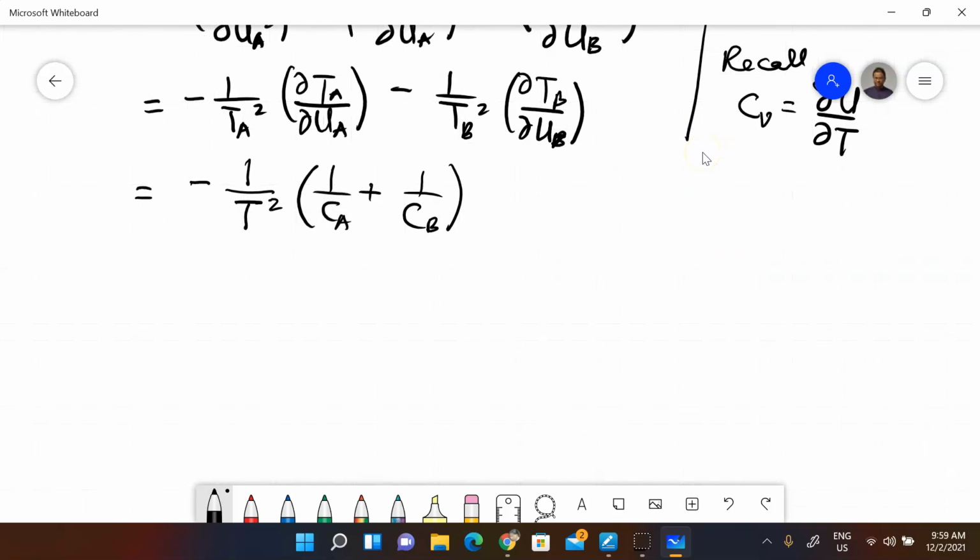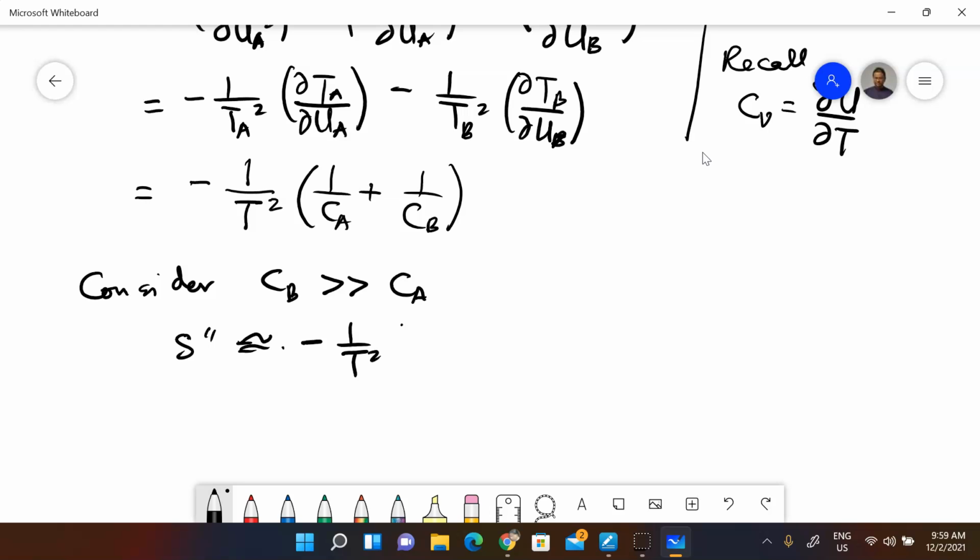So let me just consider CB, you can think of it as a kind of heat bath, then this heat capacity is much bigger than CA, then your S double dash becomes approximately equal to minus 1 on T squared, 1 on CA.